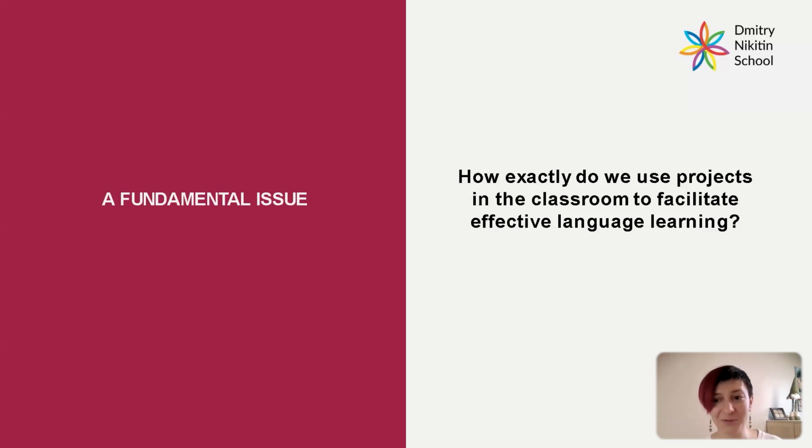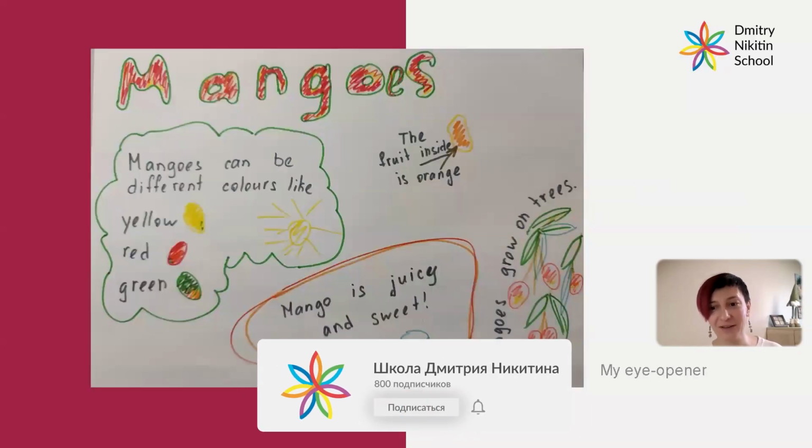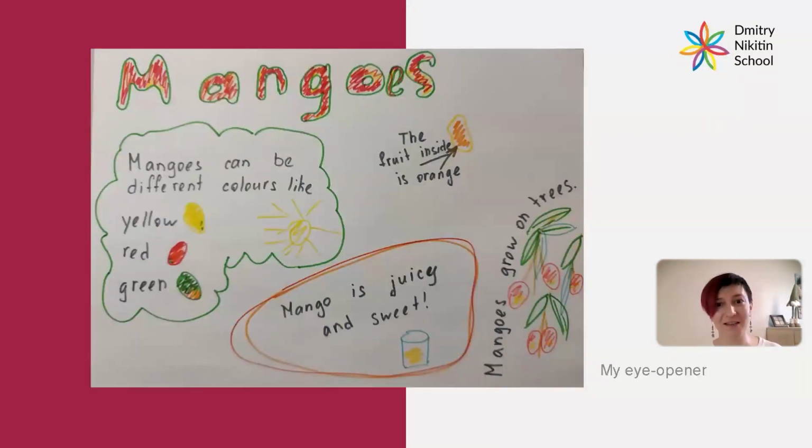As usual, all great things are somehow connected to chance, to this serendipity moment. That was my serendipity moment, my eye-opener. What you can see now is the result of one of my typical classes. I had a young learner, a girl, around 8 or 9 years old.